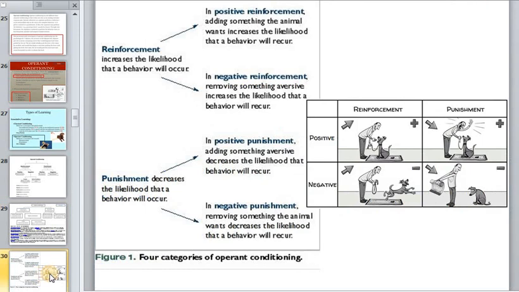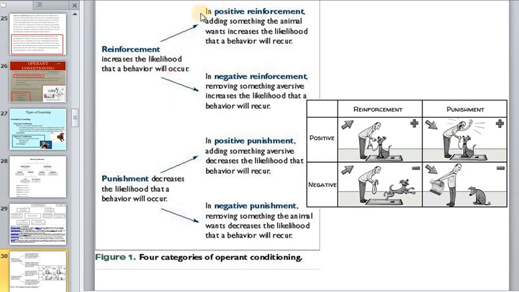So here we have, with dogs for example, reinforcement and punishment. Very often we use these terms when we want to teach our animals something, as you see in this funny picture, to teach our dog something good.